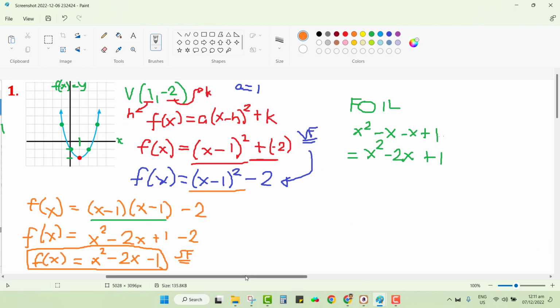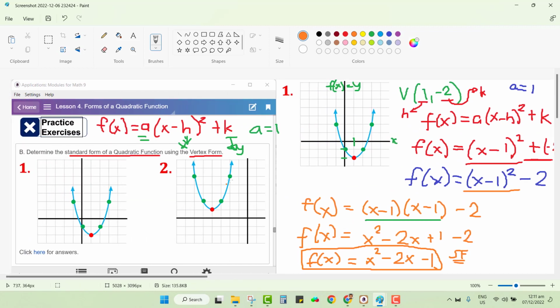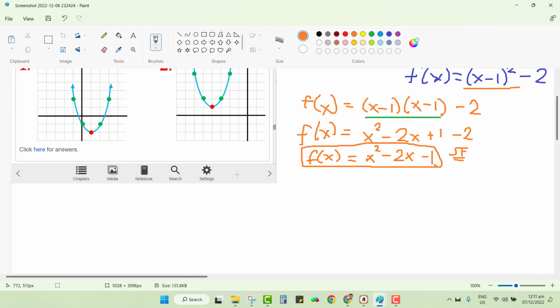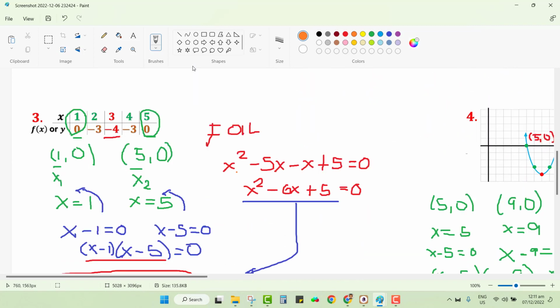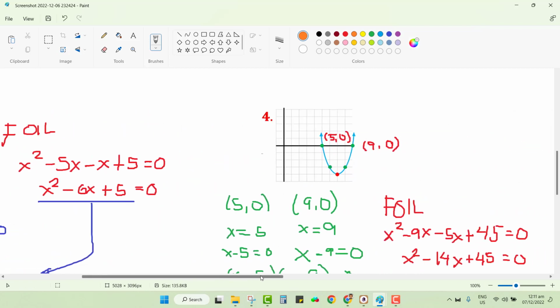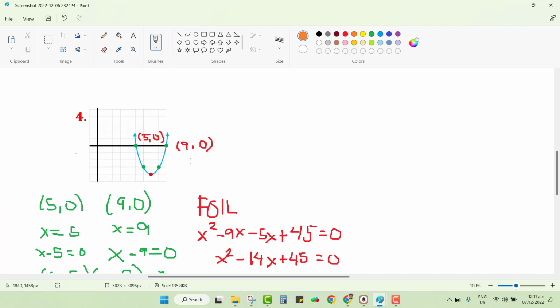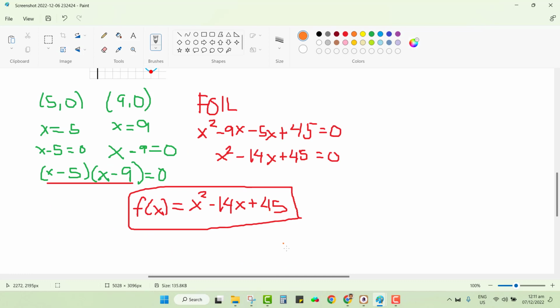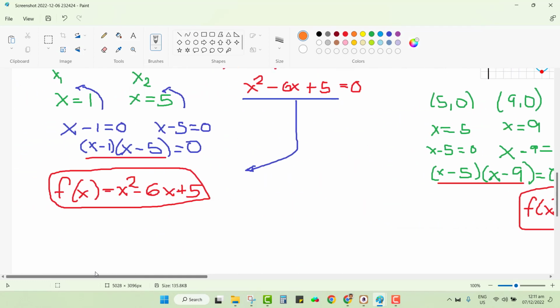But I actually copied the previous two examples from the previous video. This is the result in the previous video where we used the intercepts of this table of values, and we also used the intercepts of this graph. We already had their standard forms here.